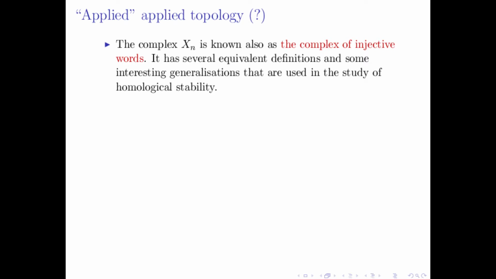So that complex, I was wondering about this complex for a while. It turns out that people have been looking at this complex for quite a while now. It's called the complex of injective words. There are various equivalent definitions. I never saw in the literature anything like what I just presented, but if you finally find those objects in the literature, it's clear that they are equivalent, and they're being used currently in the study of homological stability for groups, particularly for the symmetric group.